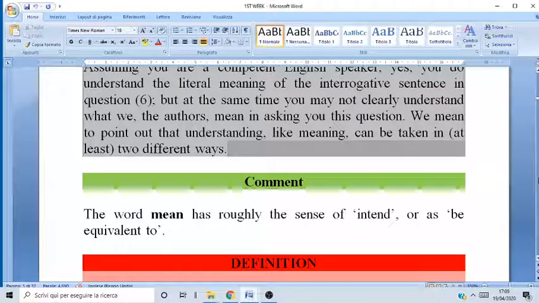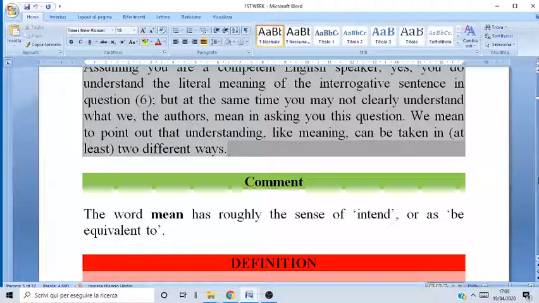Your text adds, but at the same time, you may not clearly understand what we, the authors, mean in asking you this question. We mean to point out that understanding, like meaning, can be taken in at 2 different ways. Okay, so yes, you understand the literal meaning of the sentence.